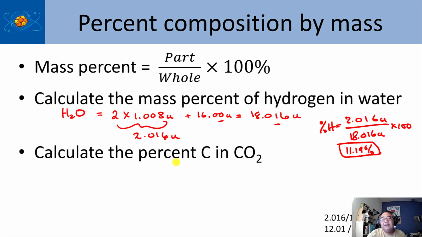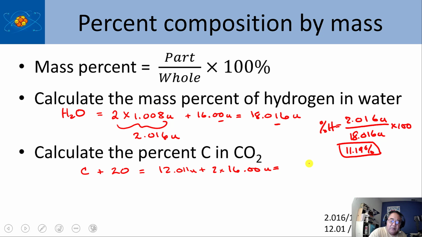If you wanted to calculate the percent carbon in CO2, you would take, for example, the mass of carbon plus the mass of 2 oxygens. So that ends up being 12.011 atomic mass units plus 2 times 16.00. So that ends up being, rounded at least, 44.01.